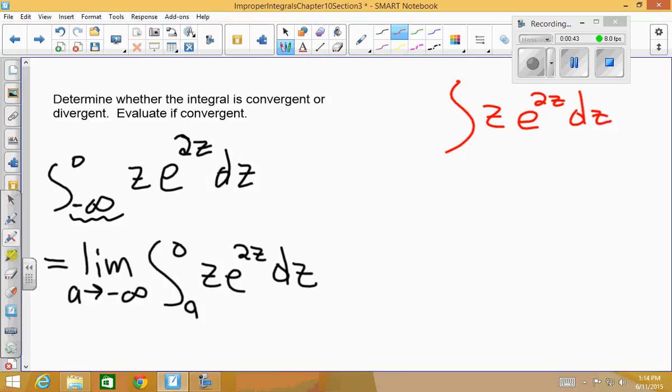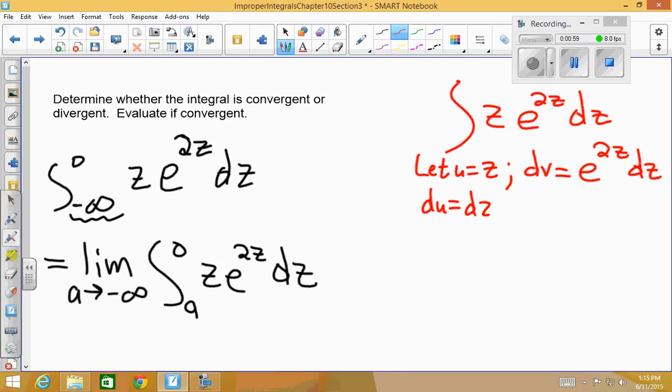We use integration by parts, so we can let u be equal to z, dv equal to e to the 2z dz. du would then just be dz. v would be an antiderivative of e to the 2z dz, so v would be equal to 1/2 e to the 2z.